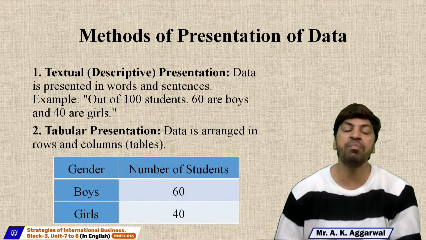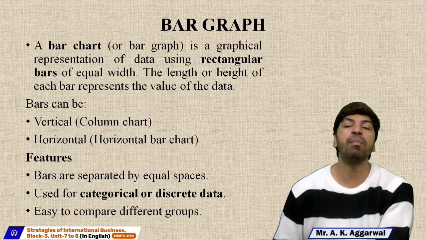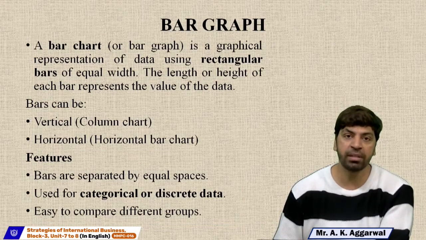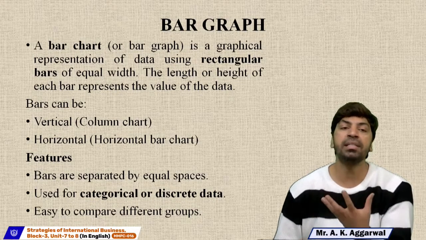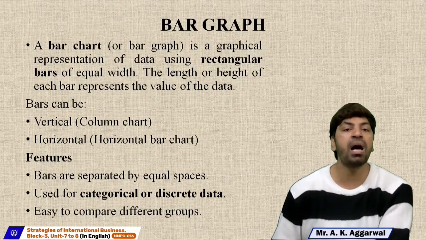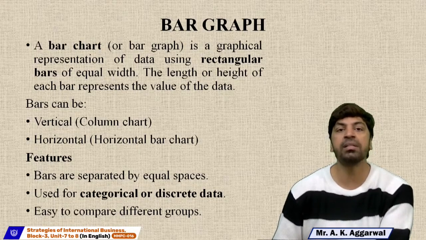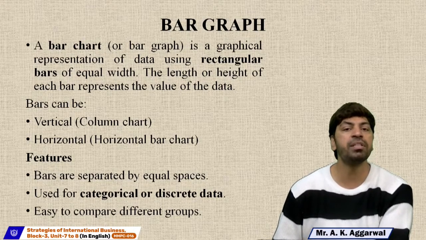So when we represent any sort of data with rectangular bars of equal width, the length and height of each bar represent the exact value of the data. A bar chart could be vertical, that is a column chart, or a horizontal bar chart.